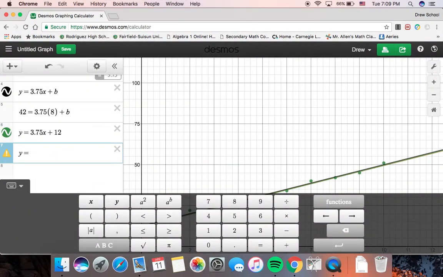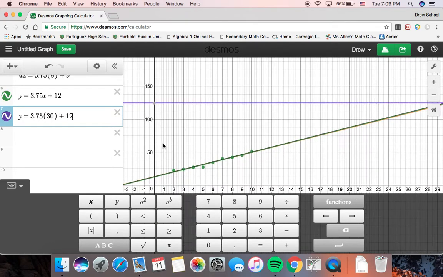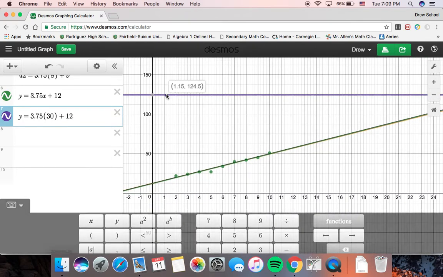Y equals 3.75, our x value was 30, plus 12. And let's see what we get for an answer. Oh, it graphed the line. It actually graphed the line for us.